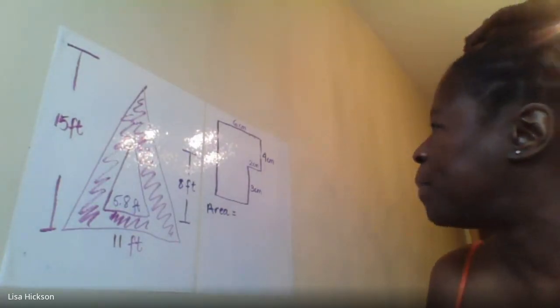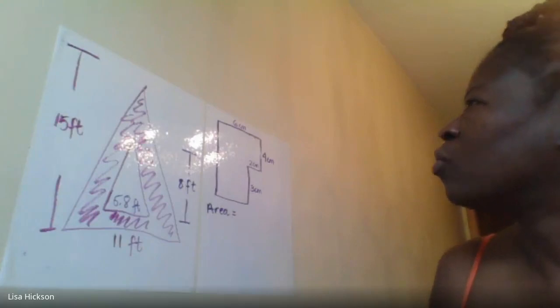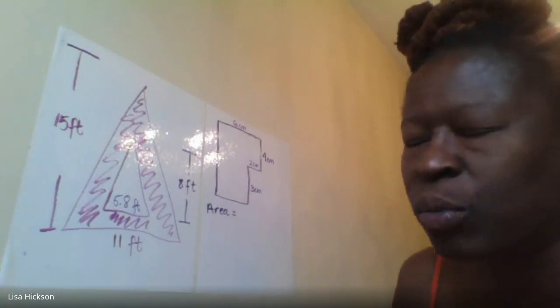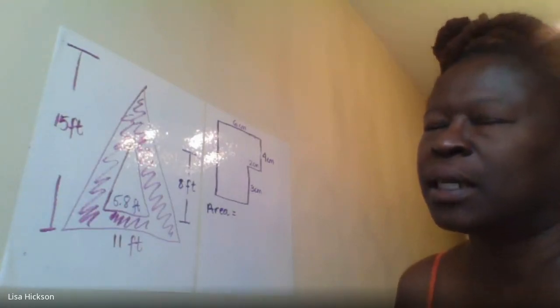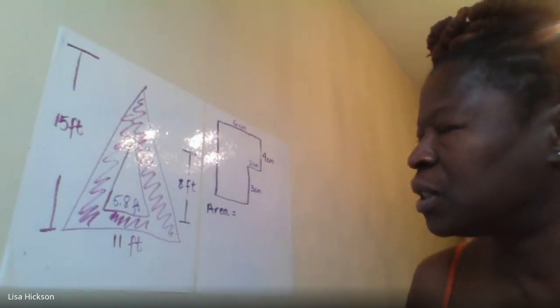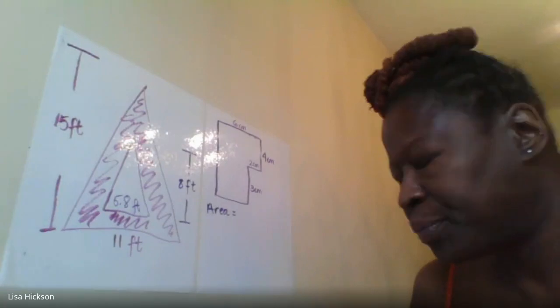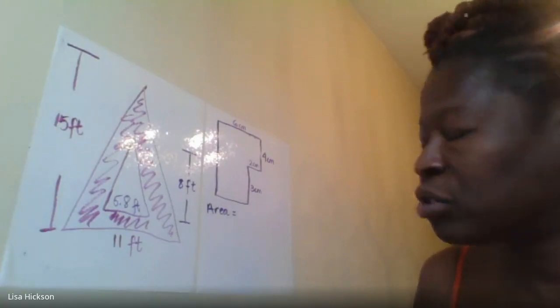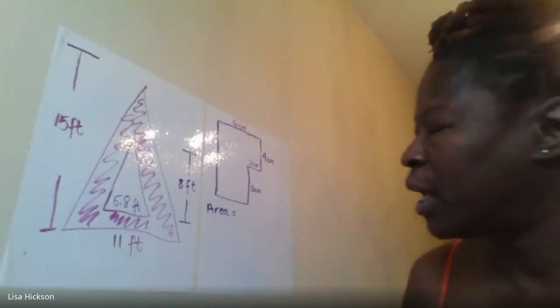So when it's irregular, we know the basic formulas. We know the area of a square is the side times the side. The area of a rectangle is the length times the width. The area of a triangle is 1/2 the base times the height.